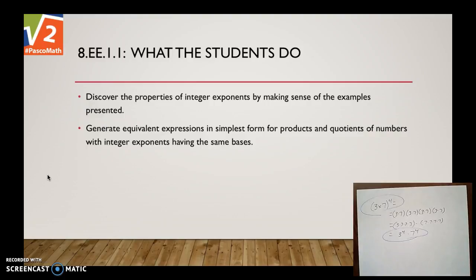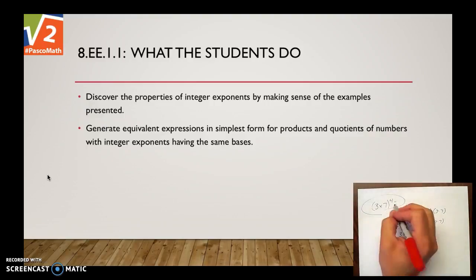Again, we can say we want to be efficient. We don't want to have to do all this messy stuff in the middle. What if this was the 20th power? Would you want to expand that out 20 times? And so we're looking for a shortcut. We're really emphasizing math practice 8 here, expressing patterns in the repeated reasoning. And so again, we want students to generalize that.